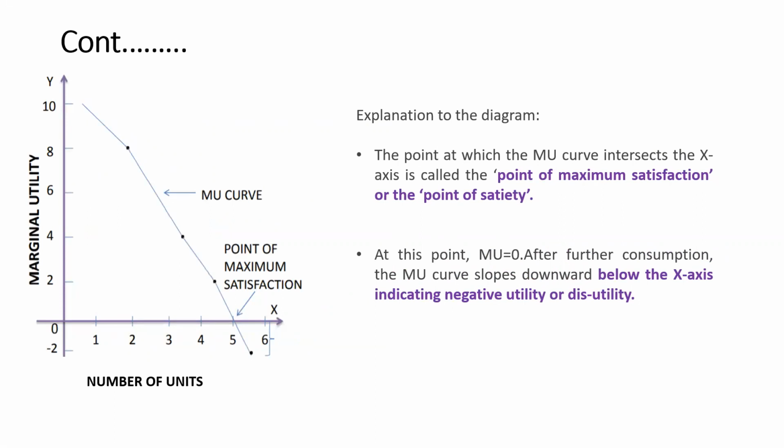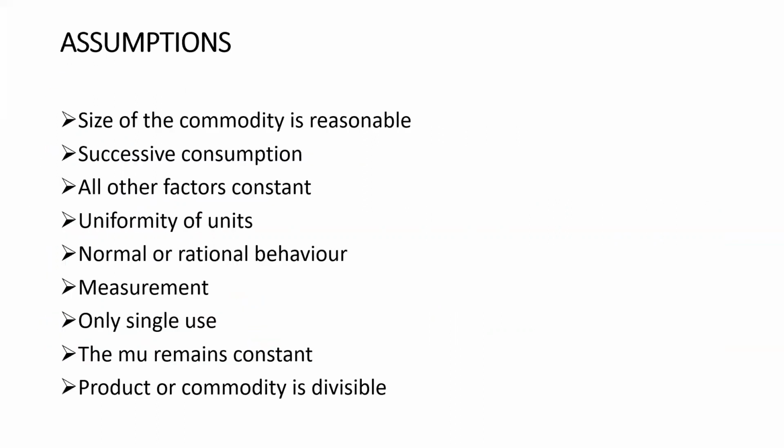The point at which the MU curve intersects the x-axis is called the point of maximum satisfaction or the point of satiety, because at this point the consumer gains 0 utils as he is totally satisfied. If the consumer goes on consuming beyond the point where MU equals 0, the MU curve slopes down below the x-axis, indicating negative utility or disutility.